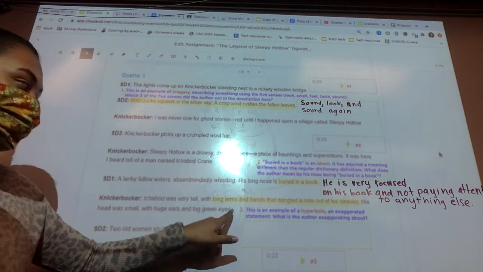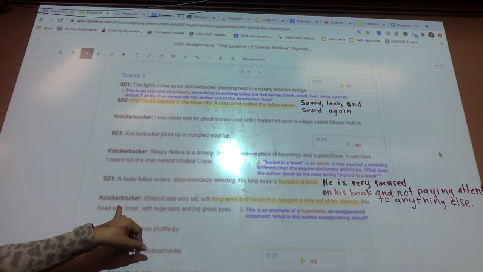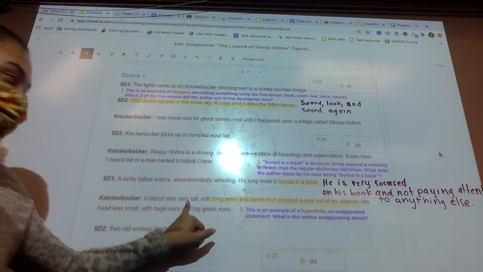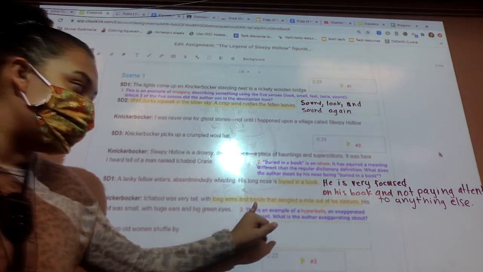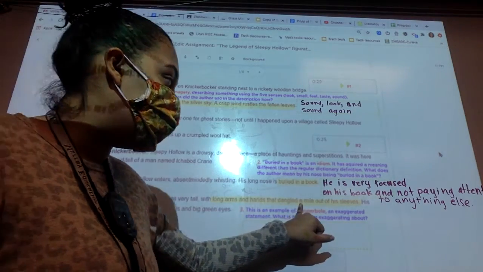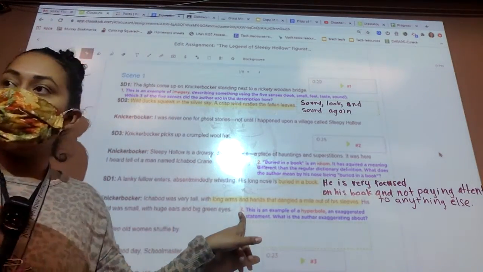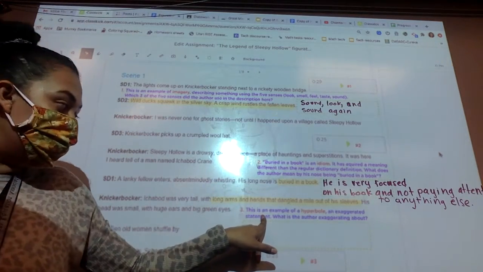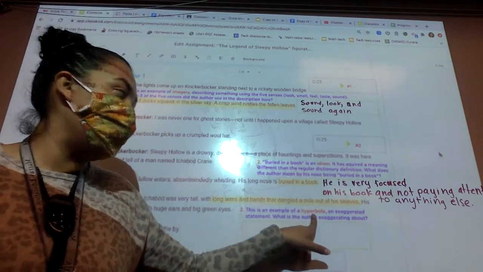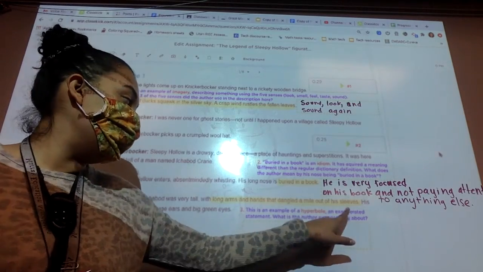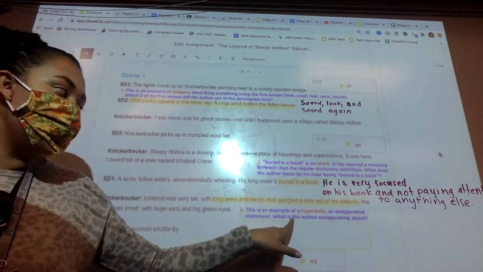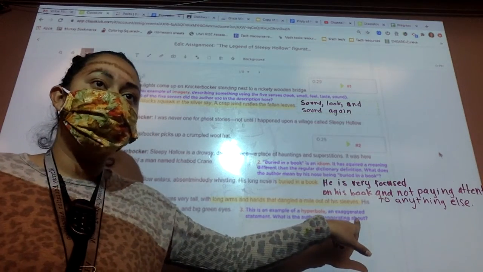Okay, number 3, Knickerbocker. Ichabod was very tall, with long arms and hands that dangled a mile out of his sleeves. So number 3. This is an example of a hyperbole, an exaggerated statement. What is the author exaggerating about?